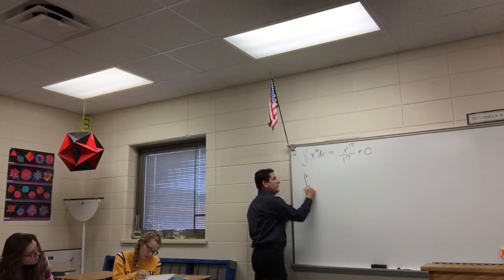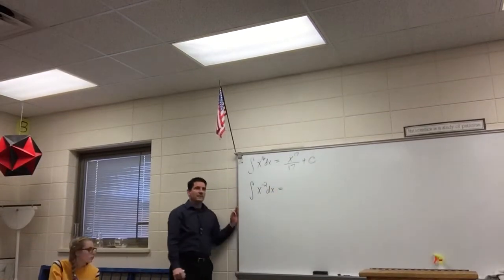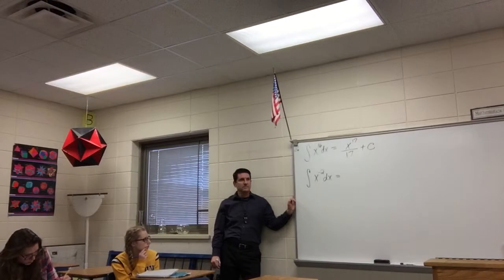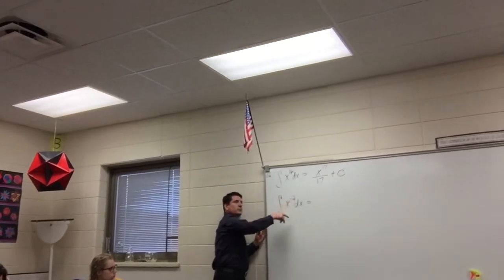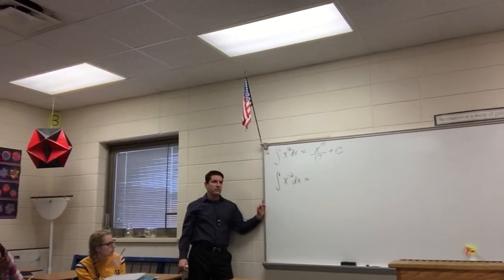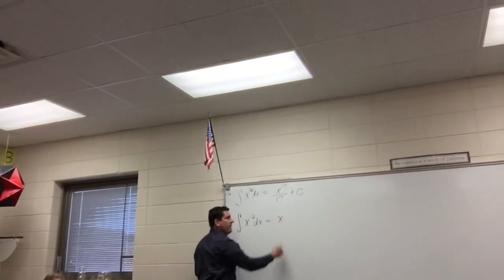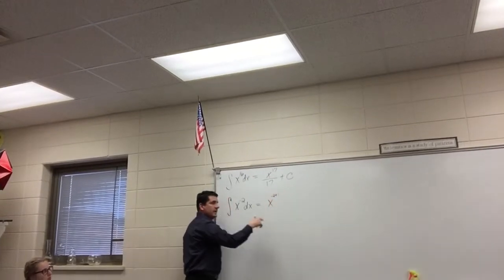What about this one? What would this rule do if we had this? Follow the rule. X to the what? I'm going to write it out. Notice it's negative 2 plus 1.